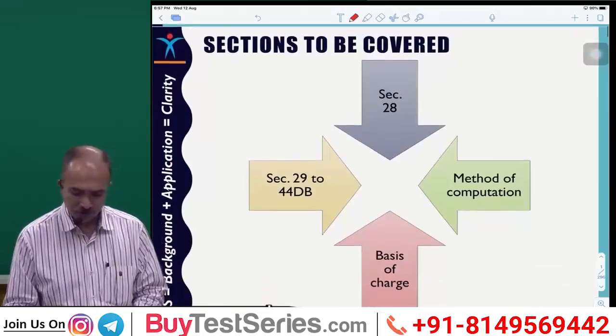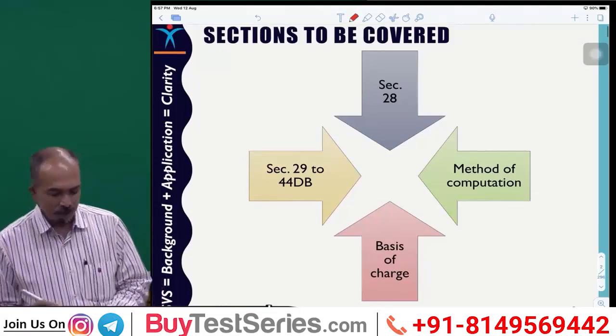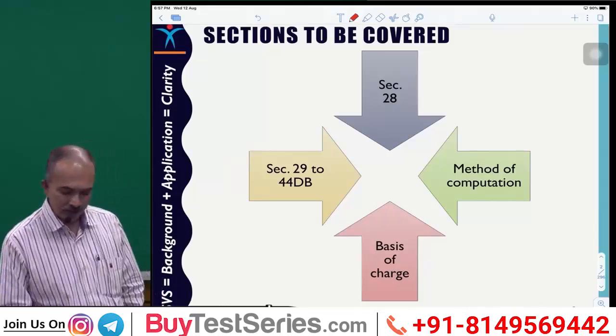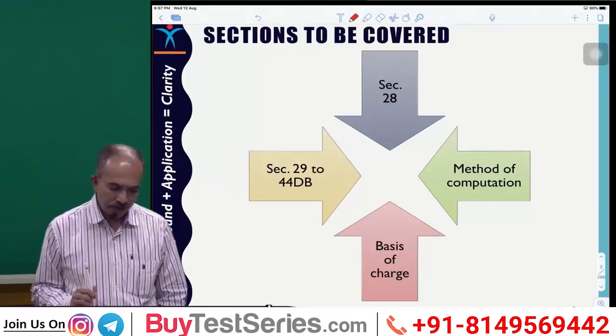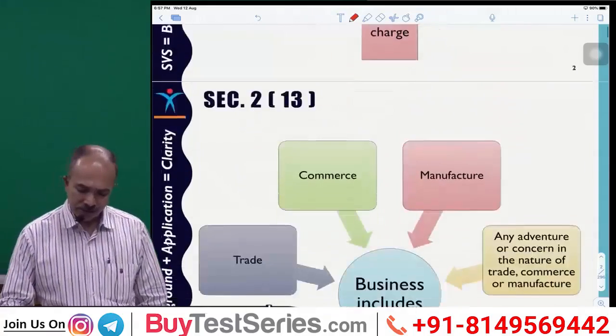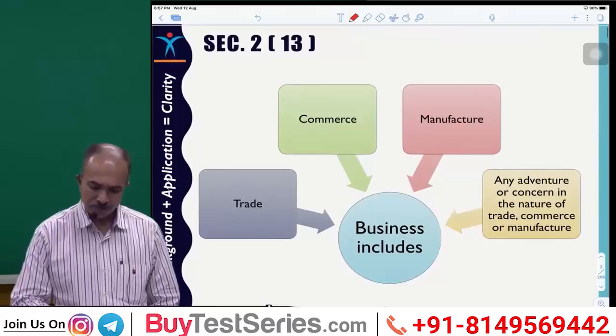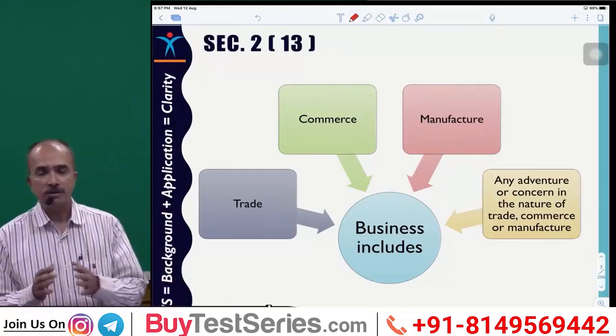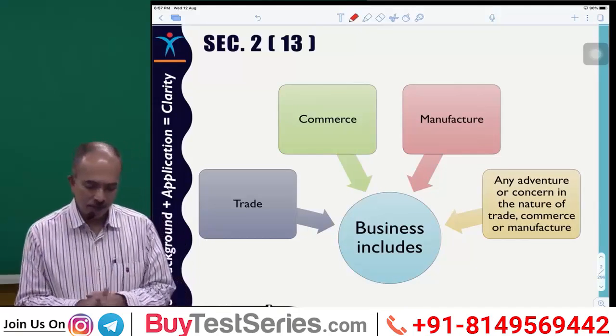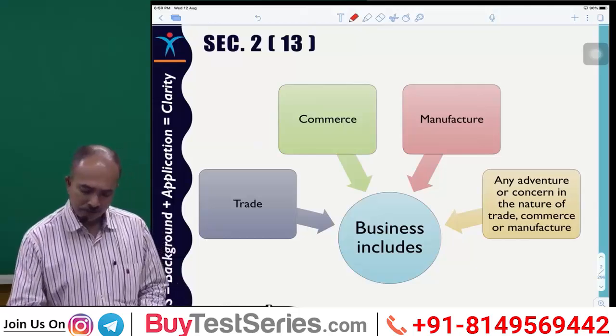business profession. Now, as I said, we will go from section 28 to 44DB. And let us now understand each of the terms one by one. First of all, this head of income we have. Now, in income tax, we have section 14.